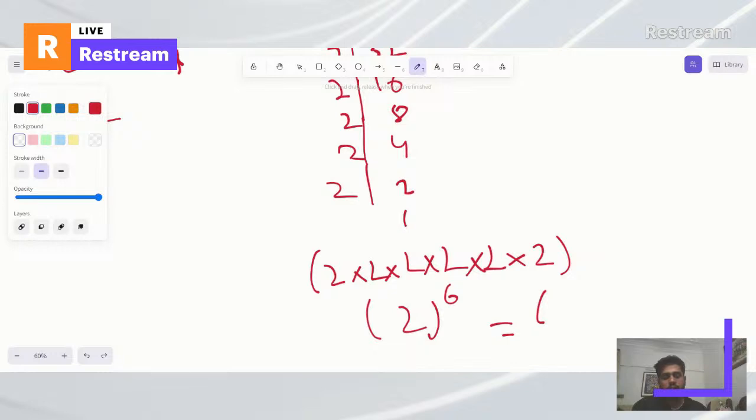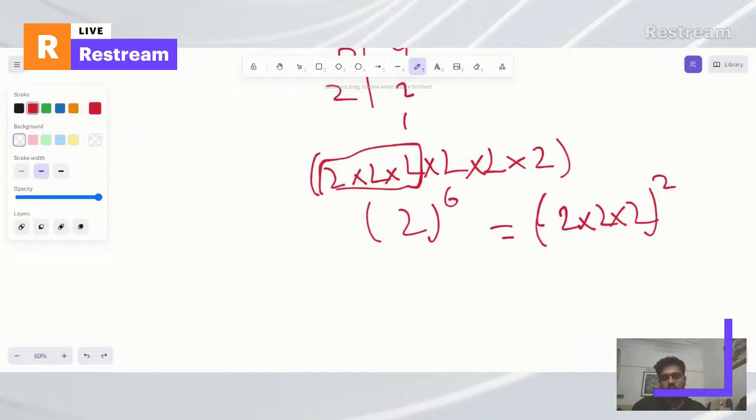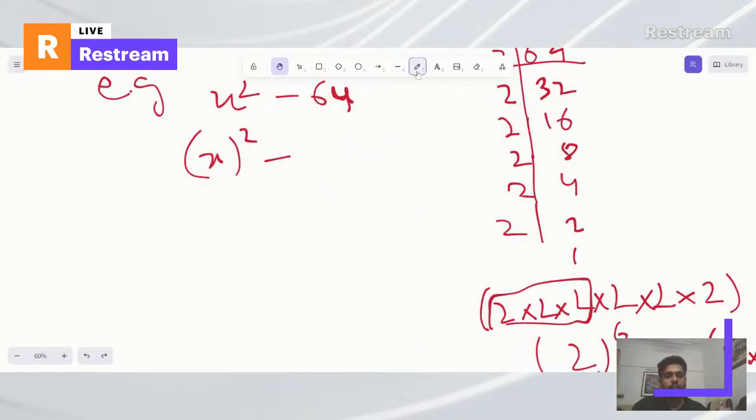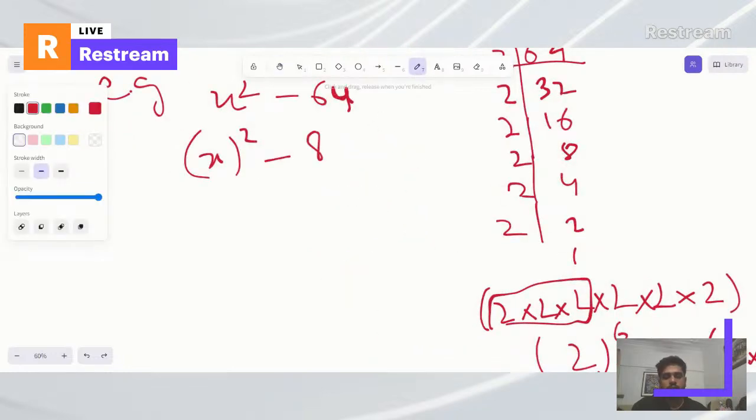So if I take the first three, the other three are going to be exactly the same. So if I write it as 2 into 2 into 2 and square, what's this going to be? It's going to be 8. So 64 is basically a square of 8, right?